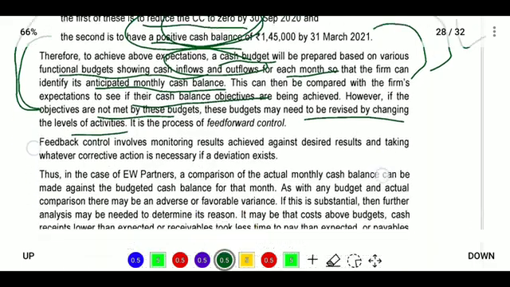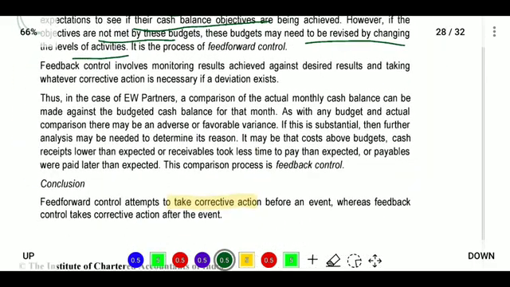It is a process of feed forward control. So before the event takes place, we are taking corrective action. This is feed forward.